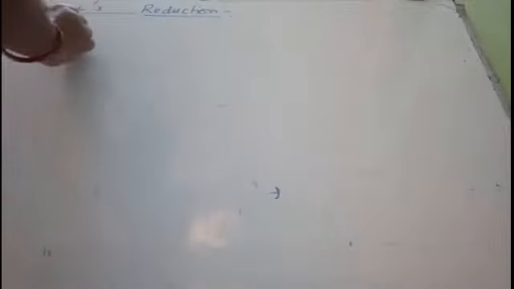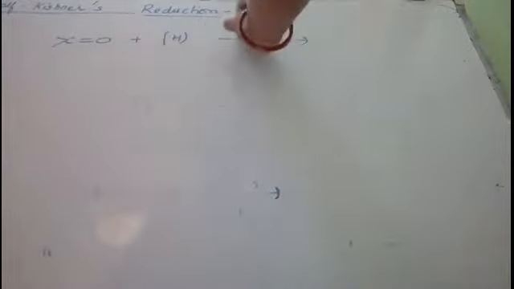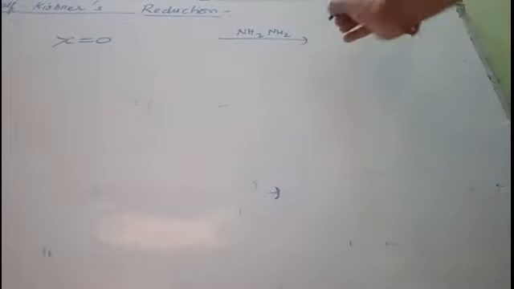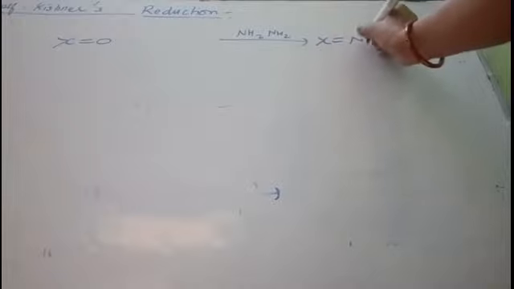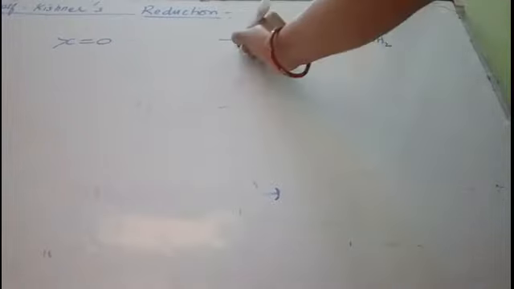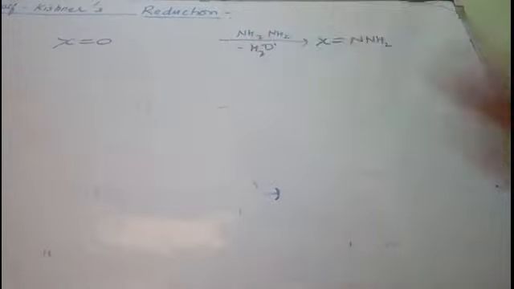Wolff-Kishner reduction. Now here students, the carbonyl compound is reduced by using hydrazine. Right, now you know that when the carbonyl compounds are treated with hydrazine, we get first a hydrazone, C double bond N-NH2. This is hydrazone, water will be removed. So first of all we get hydrazone.